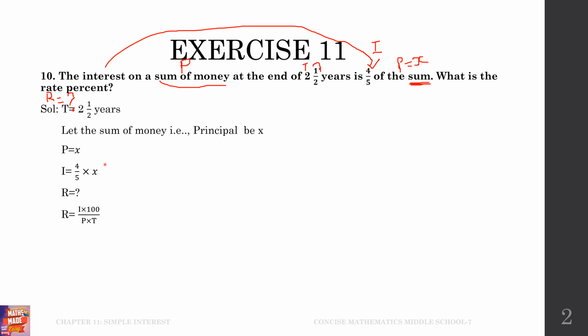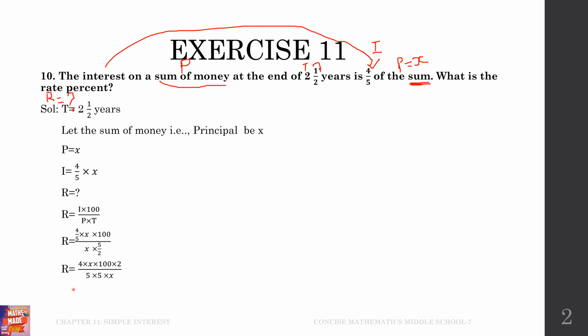Do you have the I value? Yes, we have the I value. P, yes, we have the P value. T, yes, we have the T value. Now just substitute it over here. I have already explained how to do this when there is a fraction in a division.